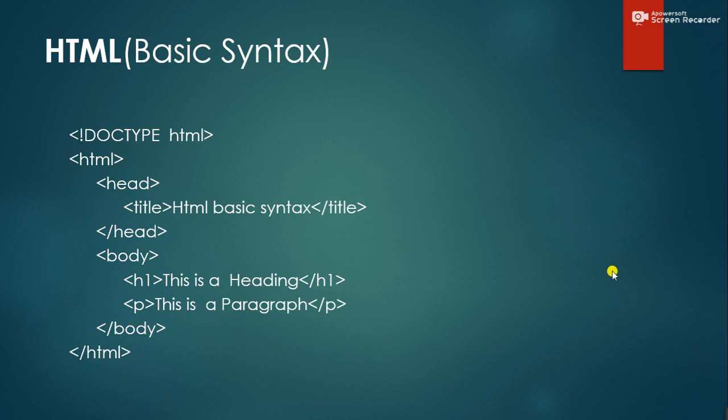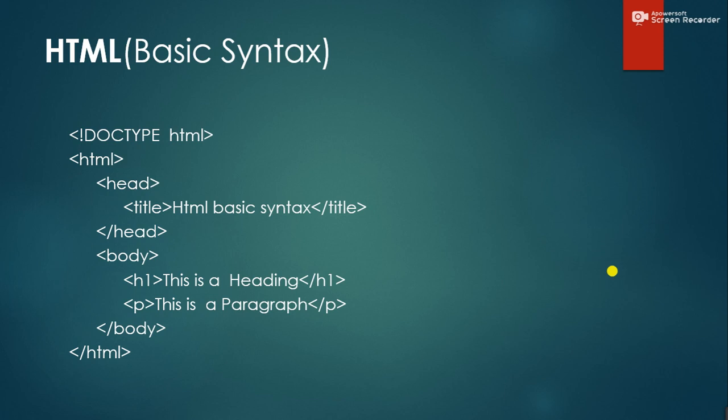In front-end development, we started in the previous videos with the first thing for creating websites, that is HTML. In the previous video, I described the basic syntax of HTML.